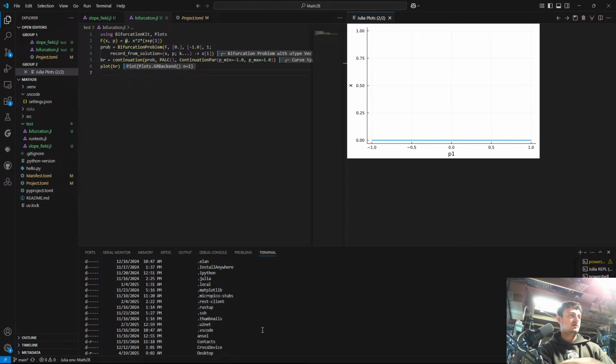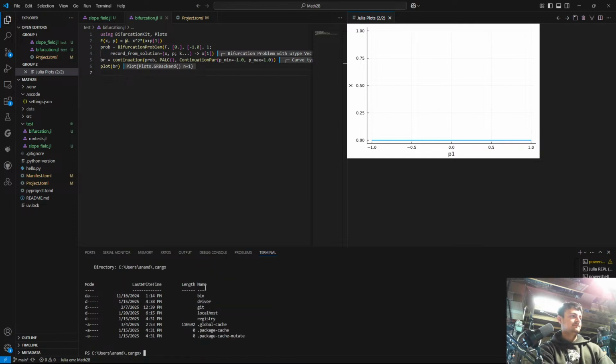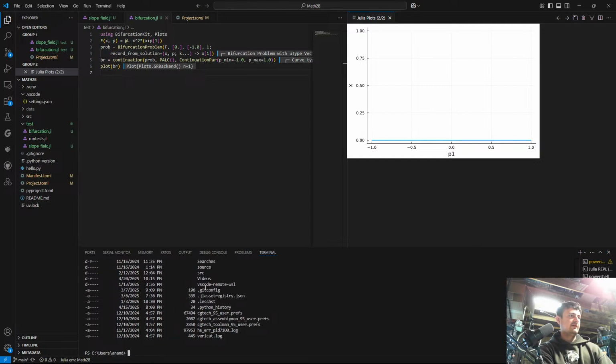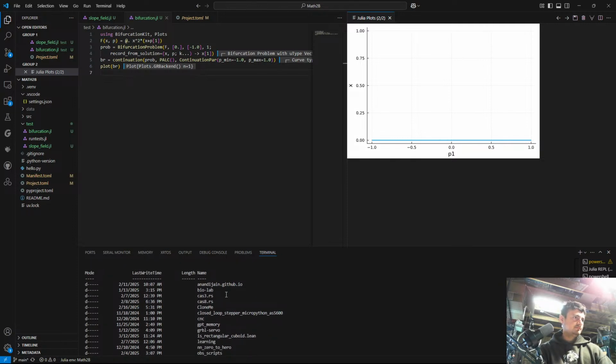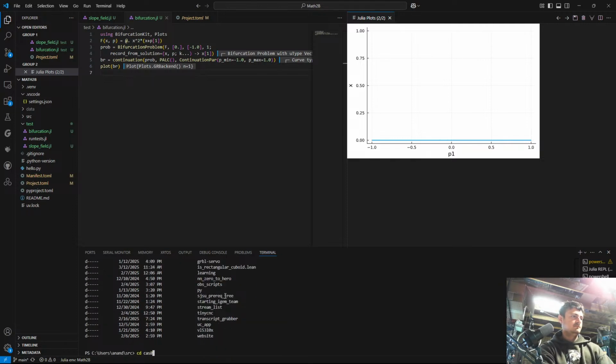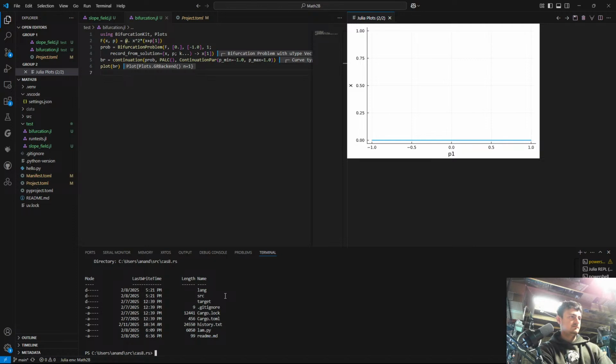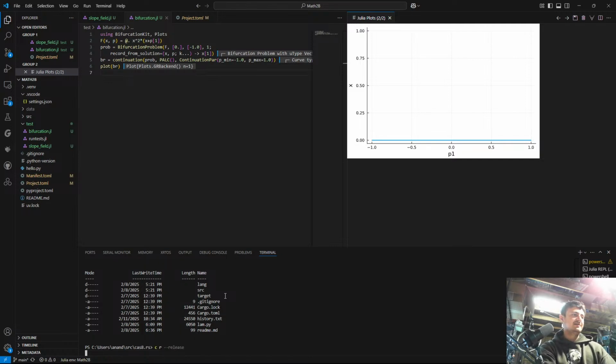It's called cargo. I forgot how to do this. All right, so let's just see if this works. I'm like so curious.